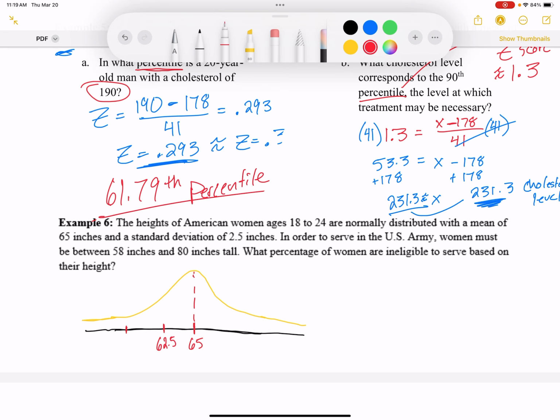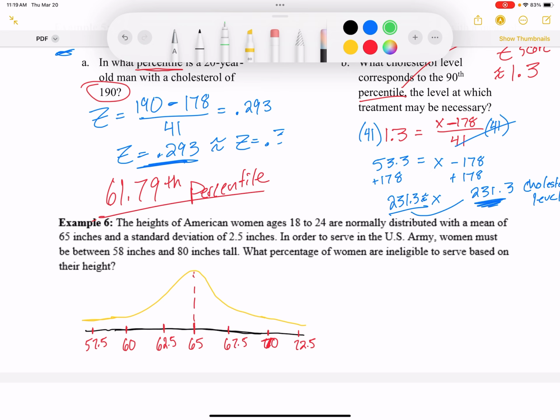Then we got 60 inches, and then we got 57.5 inches. We go up. One would be 67.5 inches, and then two would be 70 inches, and then 72.5 inches.